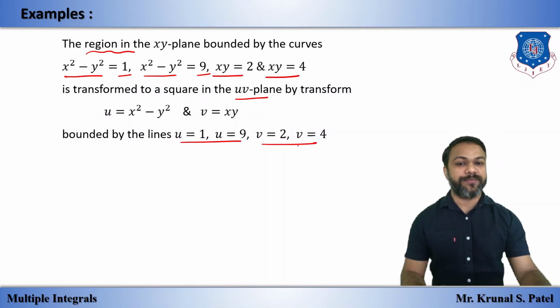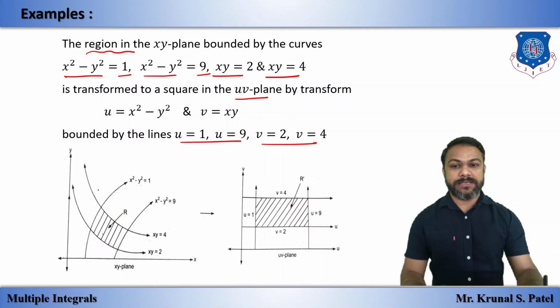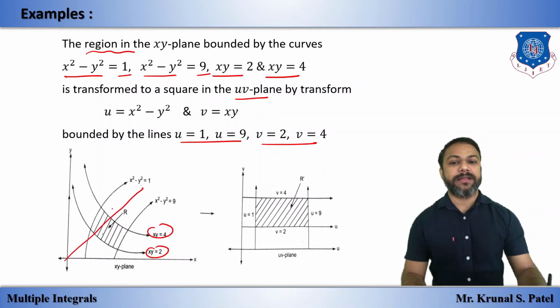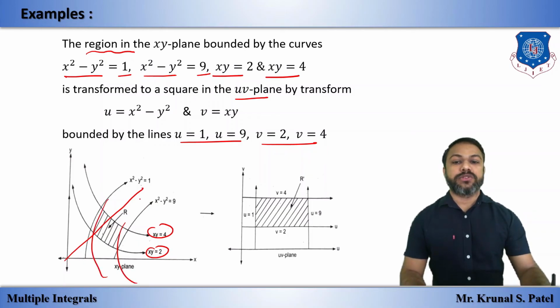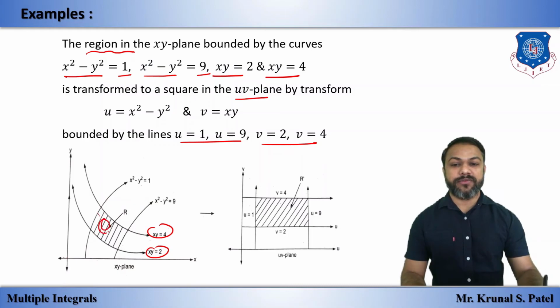So u and v. By drawing this, these two parabolas x is equal to 4 and x is equal to 2, as I told, are symmetric about this line, and these are the two hyperbolas, this and this. So we have this region in the first quadrant.